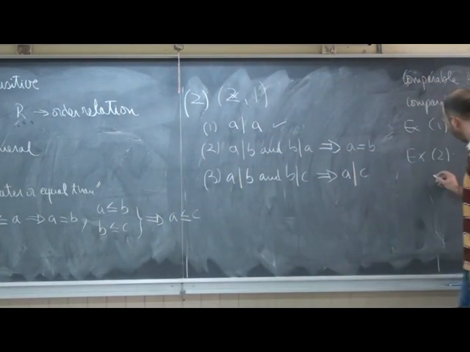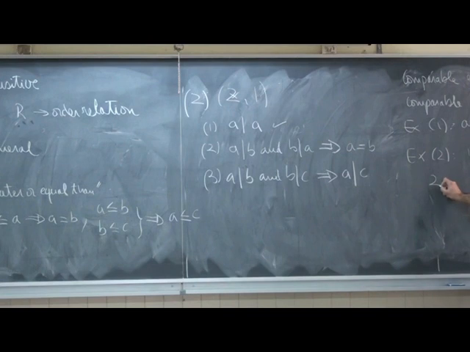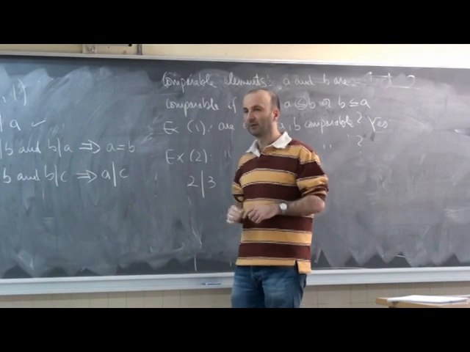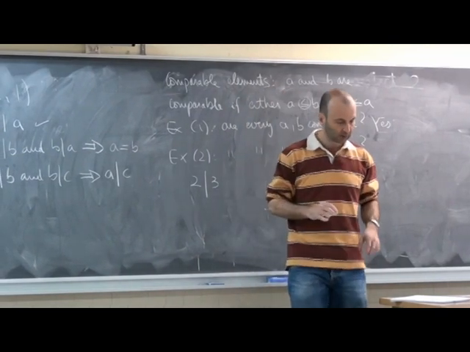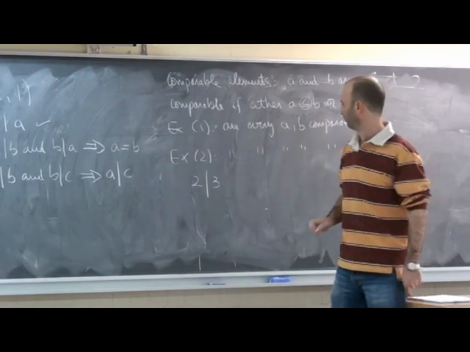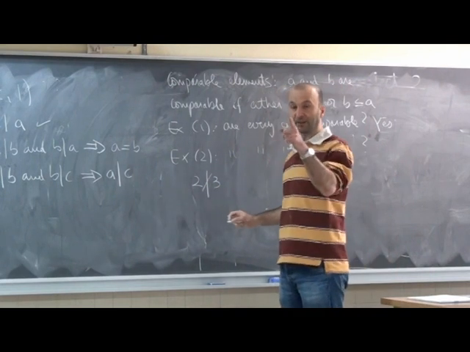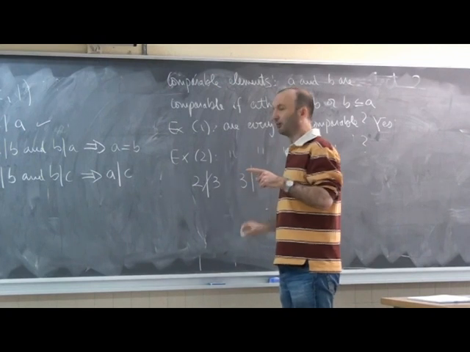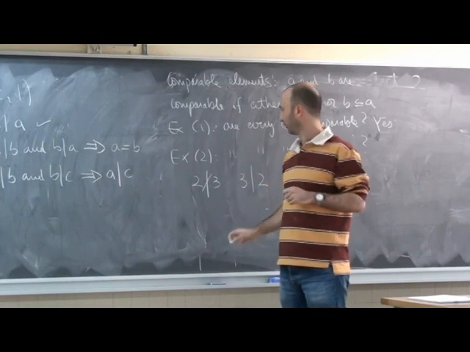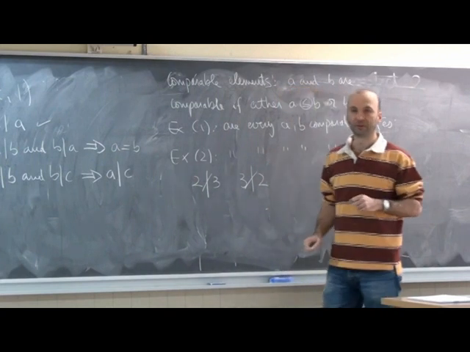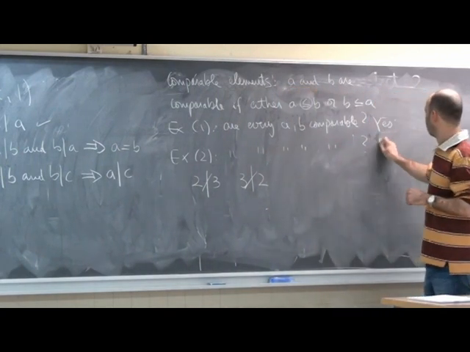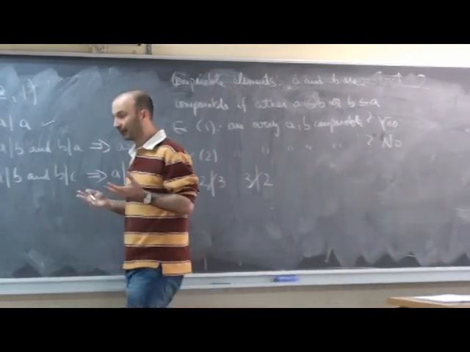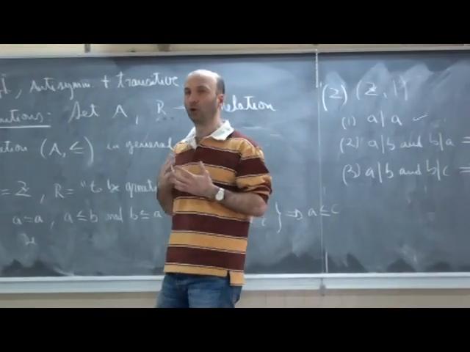So let's assume your statement is true. 2 divides 3? No. So if your statement is true, then 3 should divide 2. That's false. So the answer is no. You have elements that cannot be compared through your ordering relation.